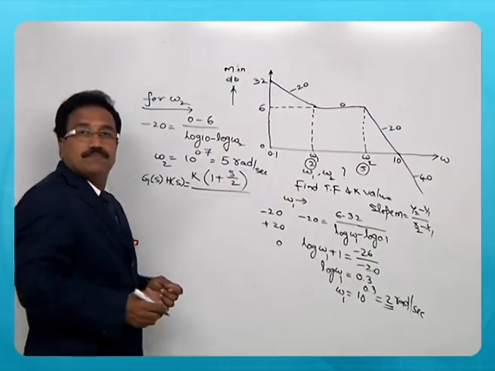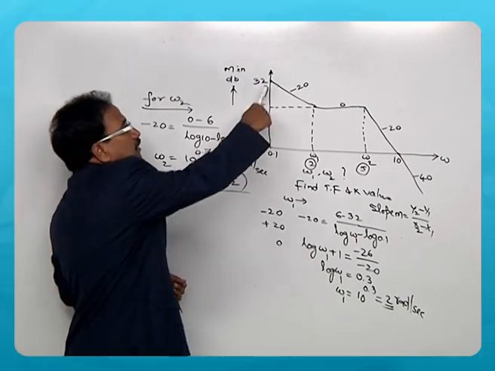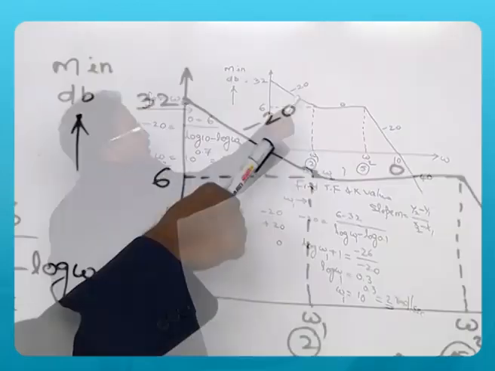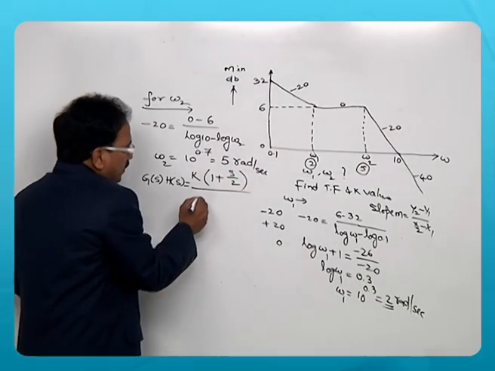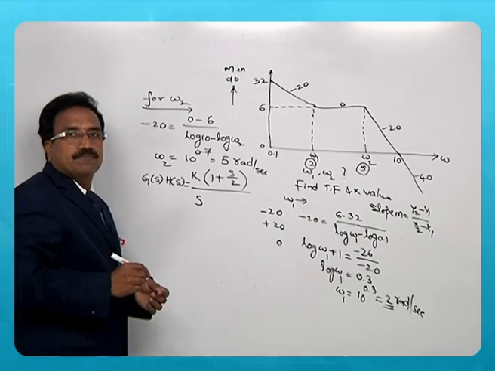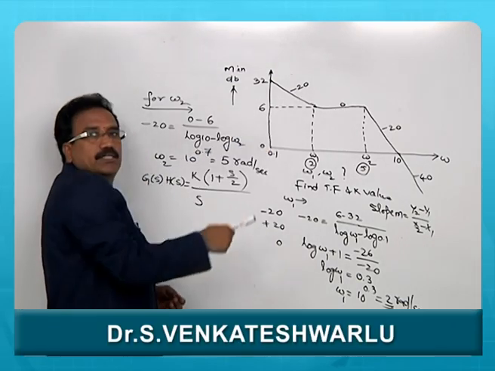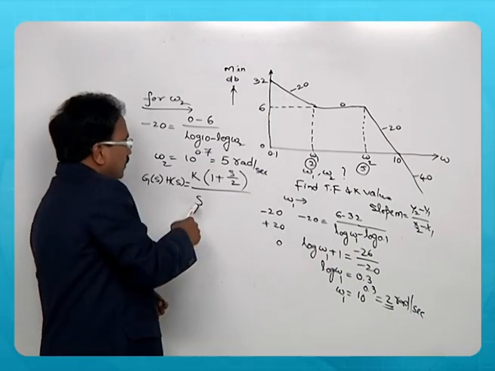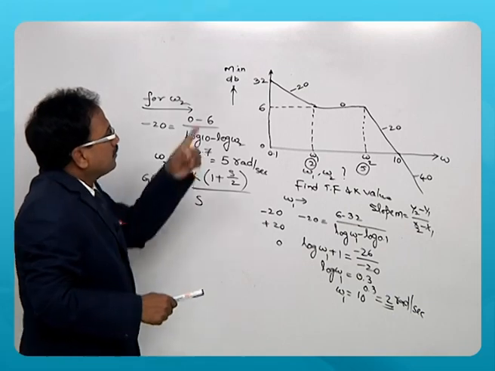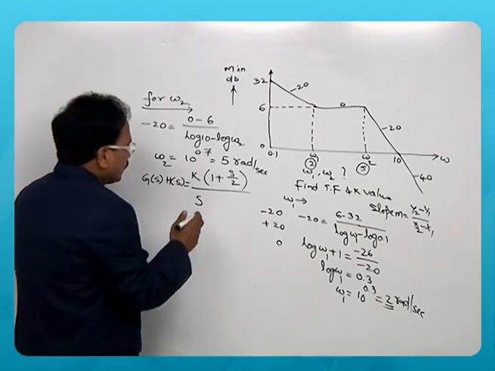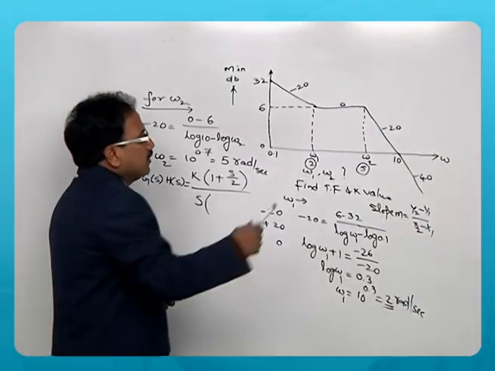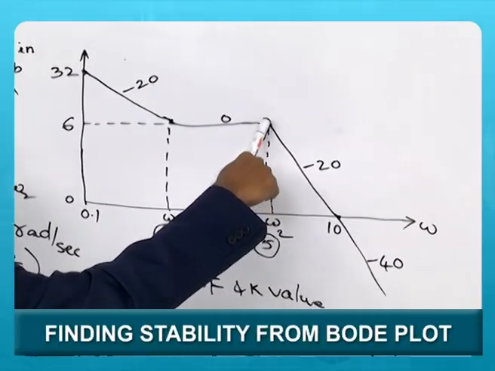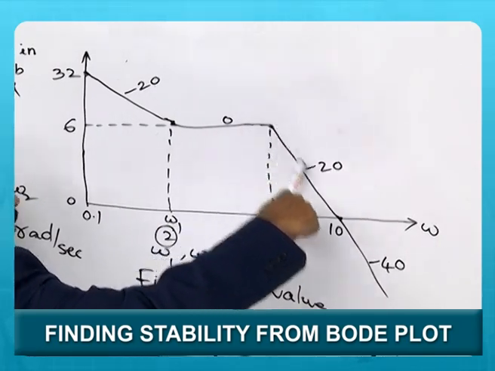In the denominator you must always see whether the beginning of the plot has any slope. If it has a slope of minus 20, I must write that there is a pole at the origin. If the slope is minus 40, then I must write s square. So there is minus 20, so only one pole at the origin. Next, you can see the slope changes again from 0 to minus 20.